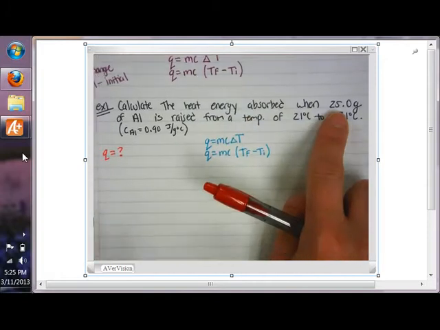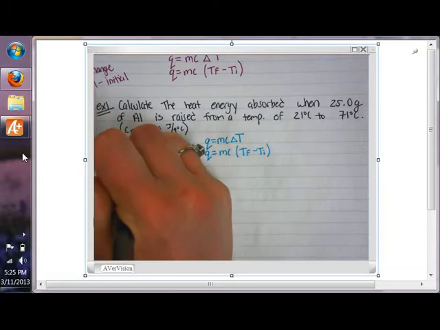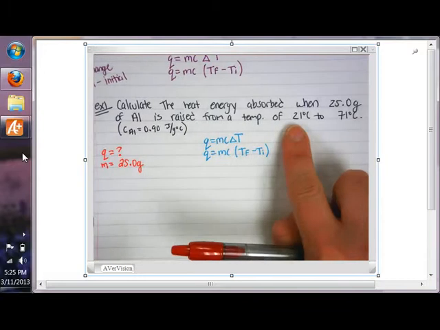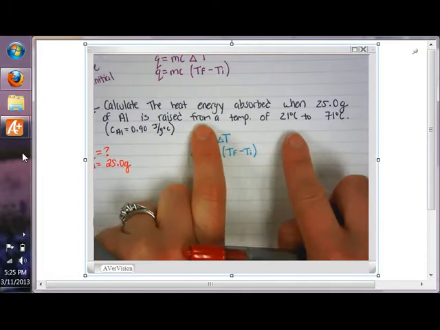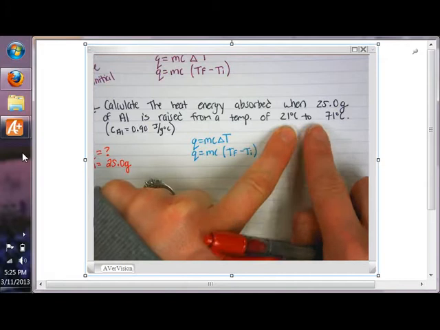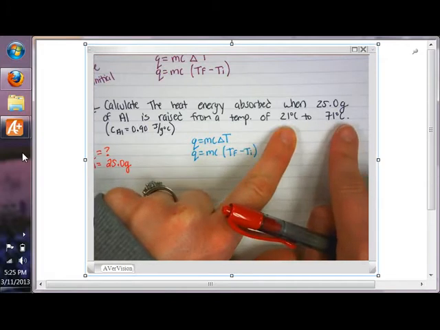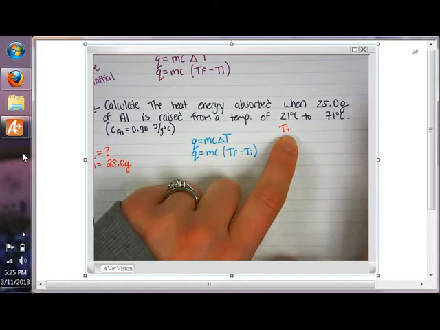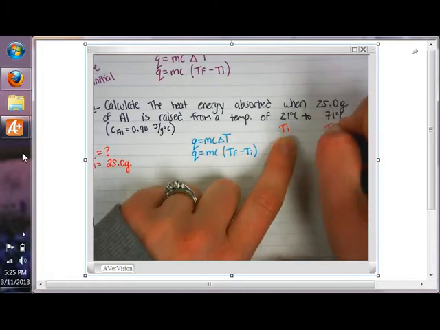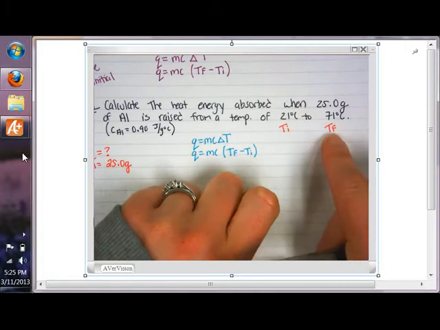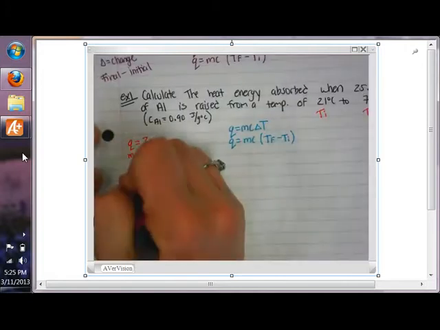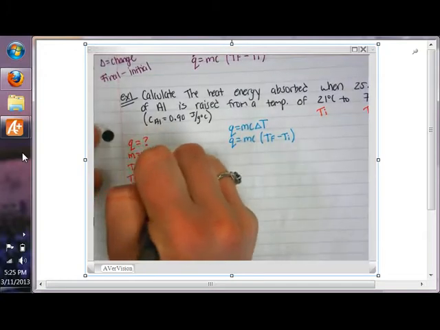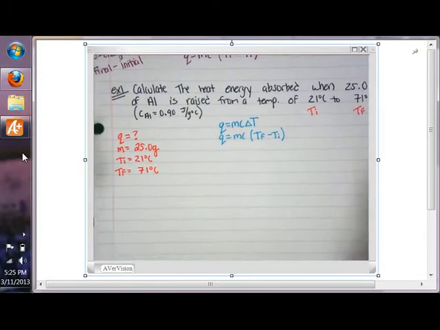So it says we've got a 25 gram sample, so that's M. So mass equals 25.0 grams. It gives us two temperatures. It says from a temperature of 21 degrees Celsius to 71 degrees Celsius. So that means 21 degrees Celsius is my starting or my initial, and 71 degrees Celsius is my ending or my final. So TI equals 21 degrees Celsius, TF equals 71 degrees Celsius.